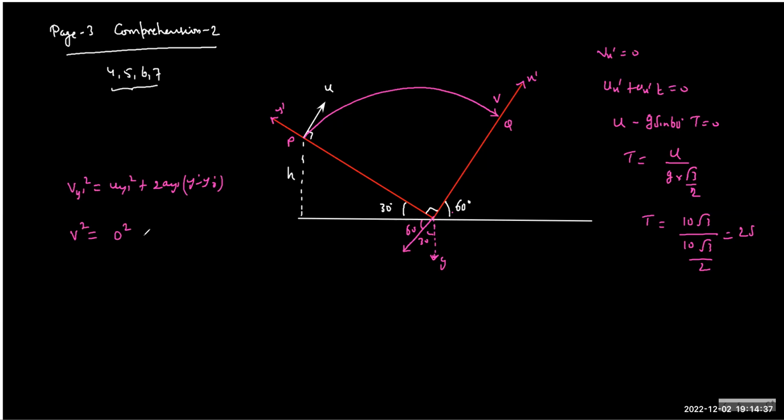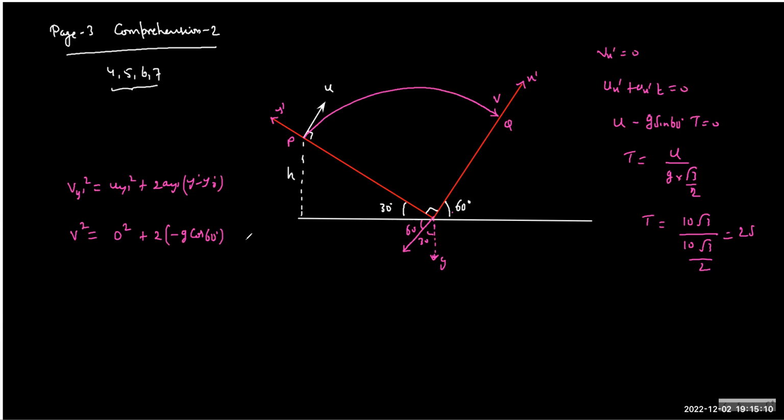There's nothing in the beginning. Plus 2 into Ay dash into Y. What is Ay dash? Minus g cos 60, or whatever you say. Hello, am I audible? Yes, sir.